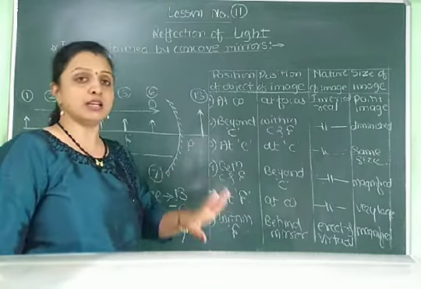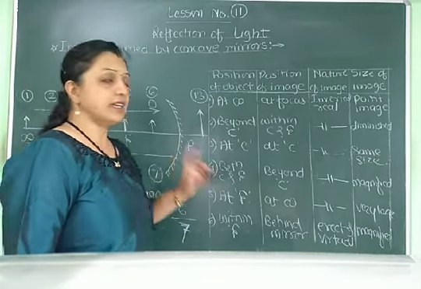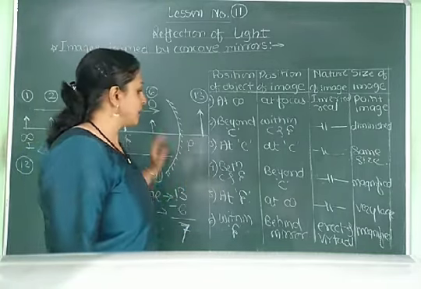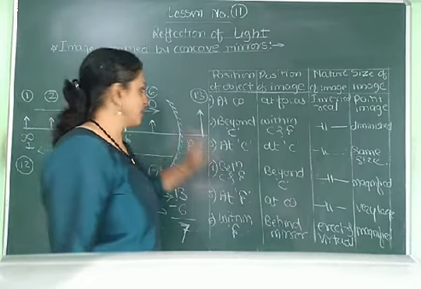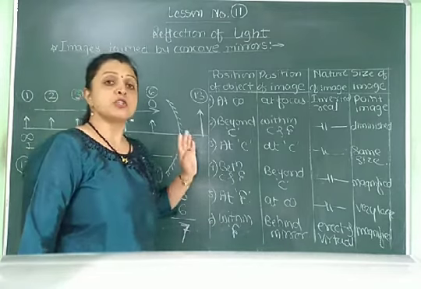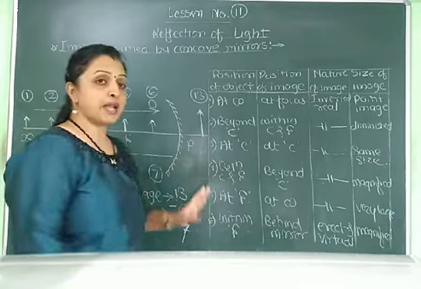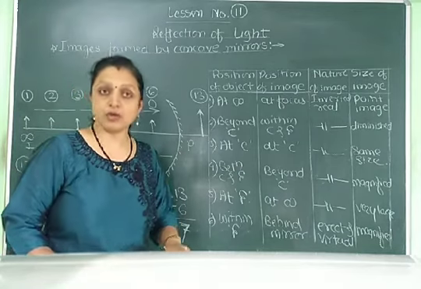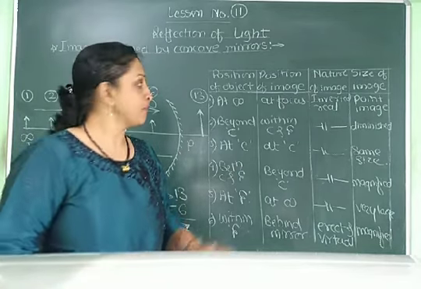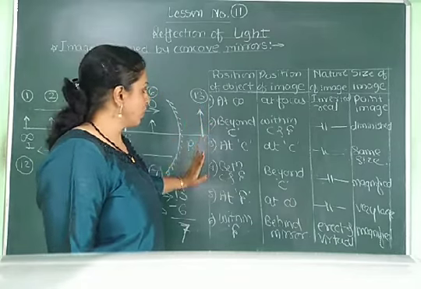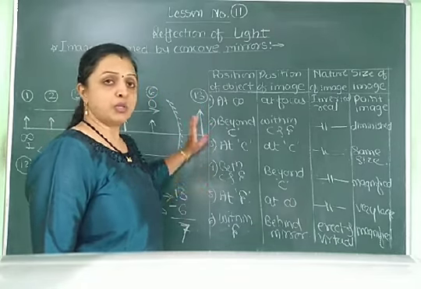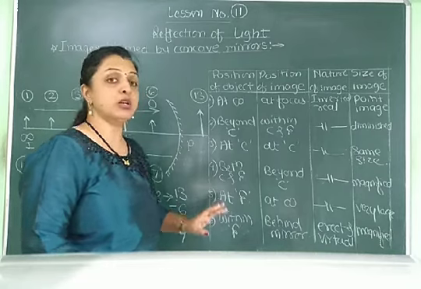They are not real images. They are erect, virtual and magnified images in a concave mirror. All these conditions apply only to a concave mirror, remember, not a convex mirror. I hope you understood all this, and there is no need to learn this chart by heart.